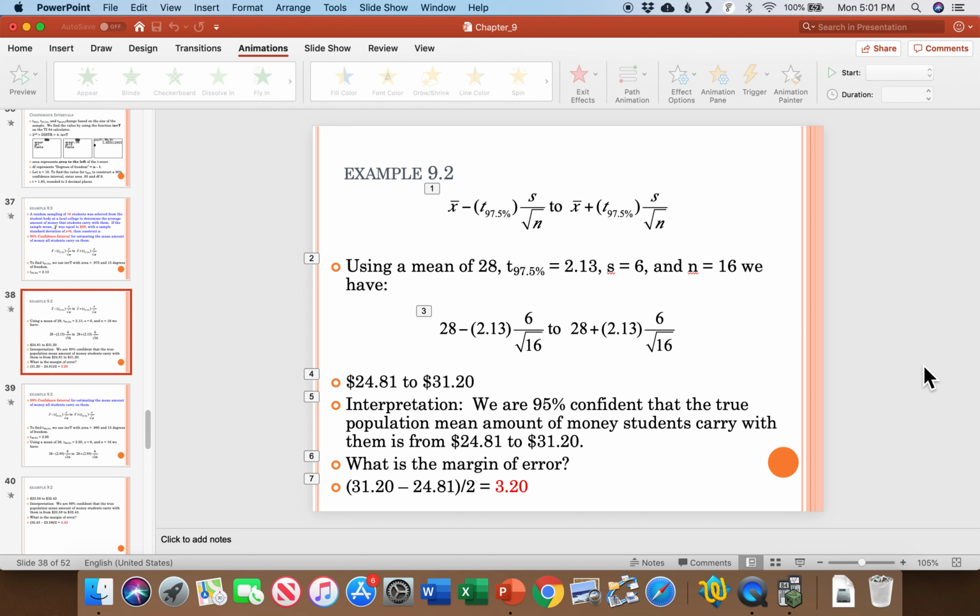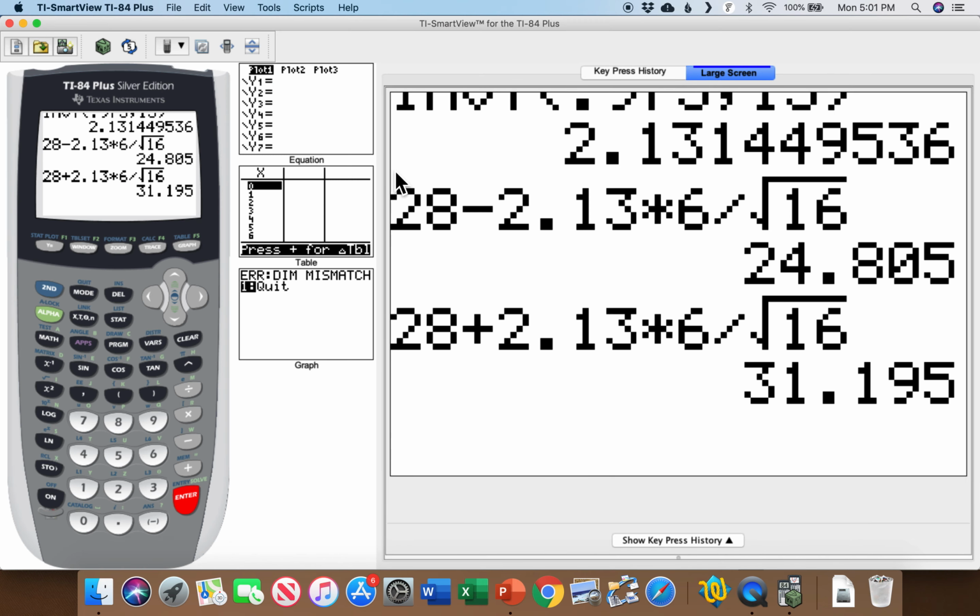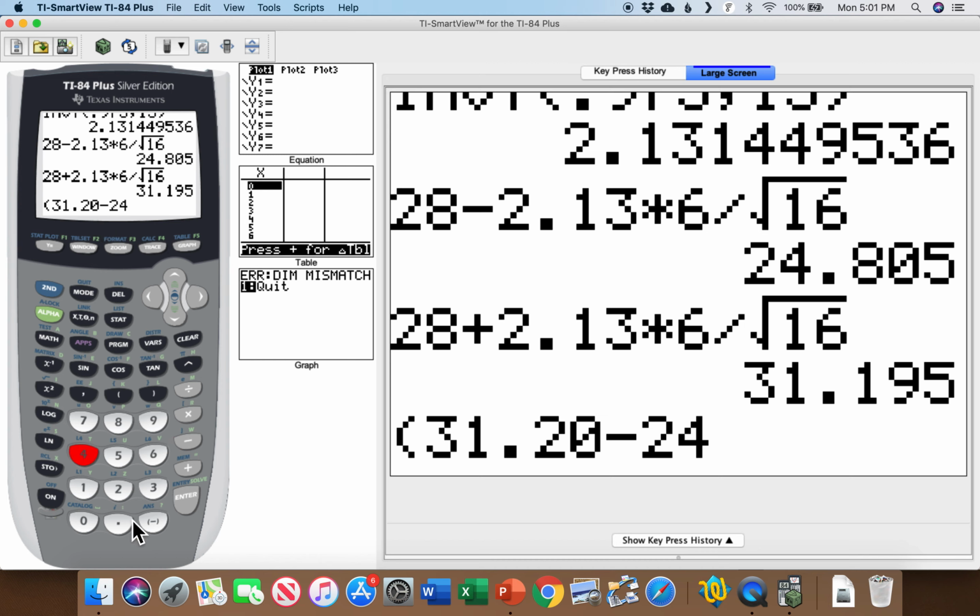I will demonstrate that because it's very important that you put those in parentheses on your calculator. 31.20, you don't have to put the 0 here if you don't want to. It's just there to demonstrate the dollars and cents.